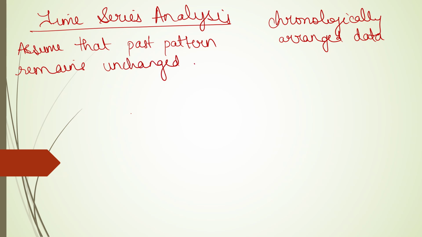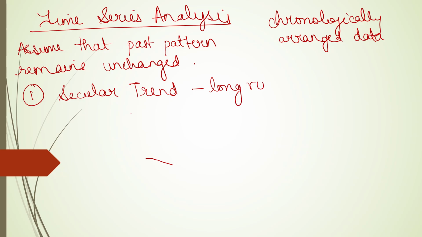There are some reasons for fluctuation in this time series data. Let's study them. One is your secular trend. Secular trend is a long run increase or decrease in the data series.